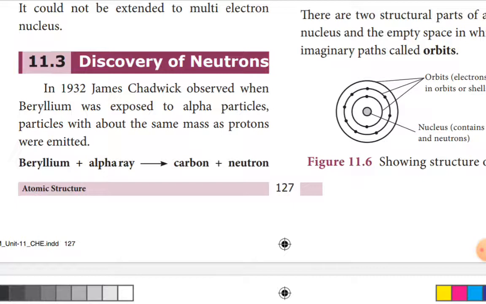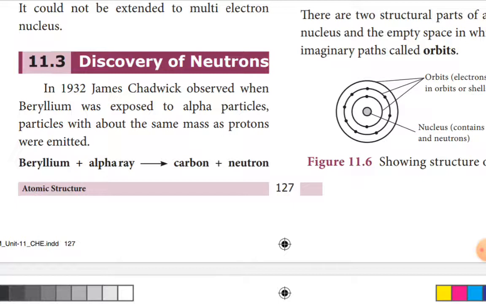Rutherford used gold foil; James Chadwick used beryllium, and beryllium was bombarded by alpha particles.